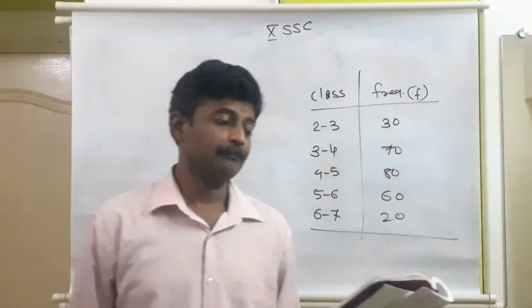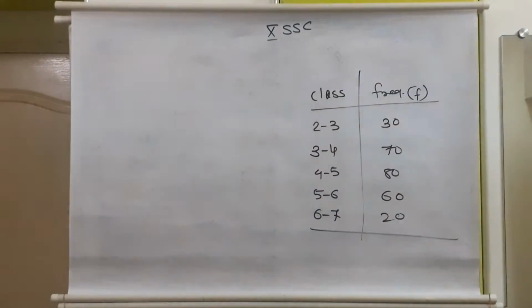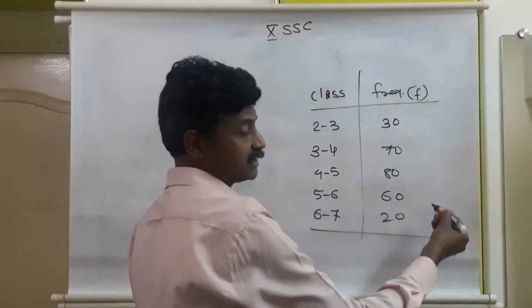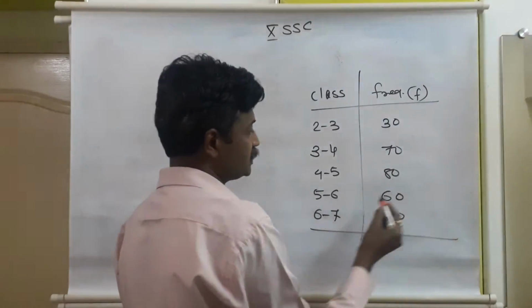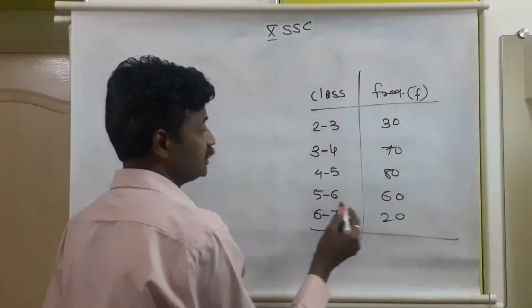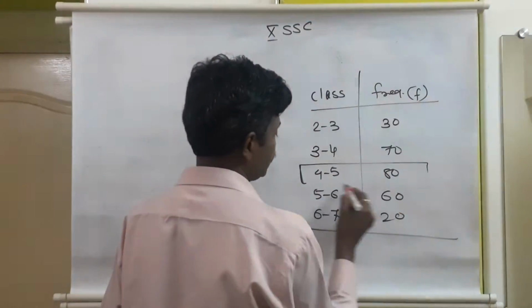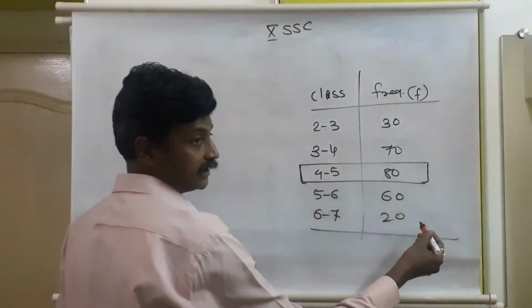Now, based on this, we have to find the mode. First, we need to find the modal class. To get the modal class, see which is the maximum frequency in the given data. So 80 is the maximum frequency, meaning 4 to 5% fat is in 80 liters. 80 liters of milk is collected, and 80 is the maximum as compared to any other class.